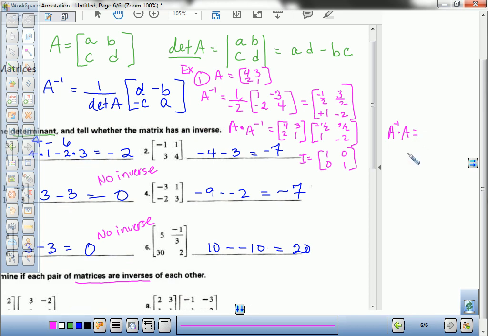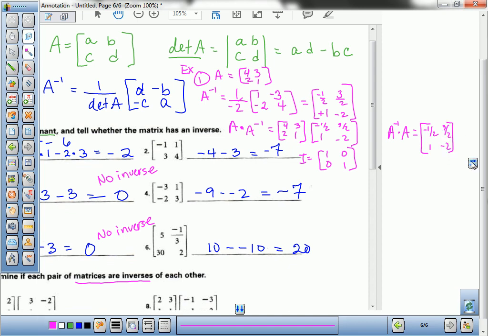Now yesterday we did several of these, and we never got the same thing when we switched the order. But this time we are. So if I switch the order here, I do the -1/2 and the 1 and the 3/2 and the -2, and then I multiply A times that.